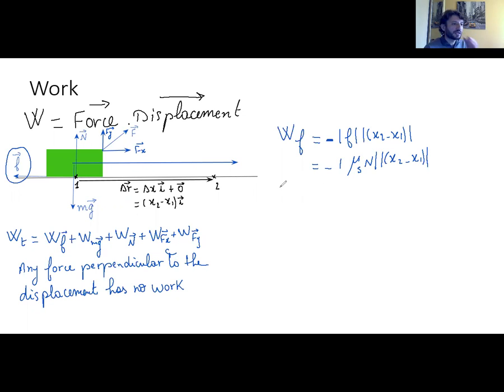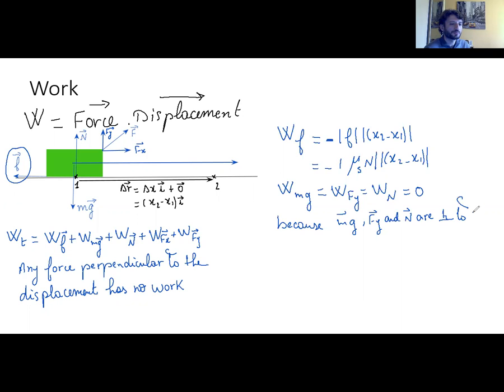Omega mg equals omega Fy equals omega n equals 0. Why? Because mg, Fy, and n are perpendicular to the displacement.